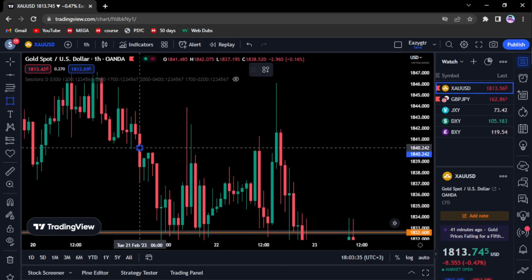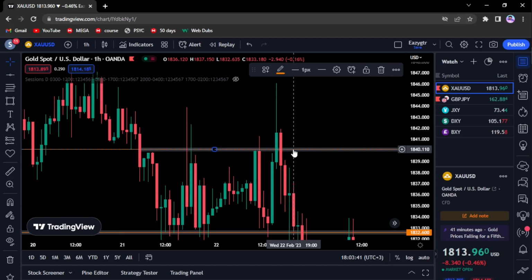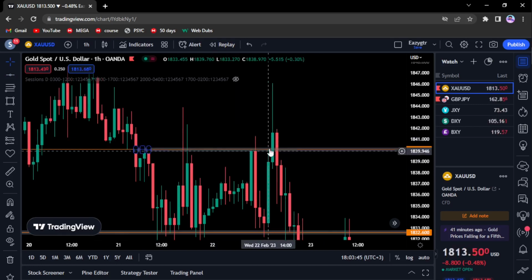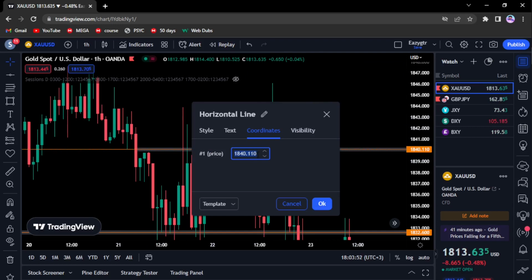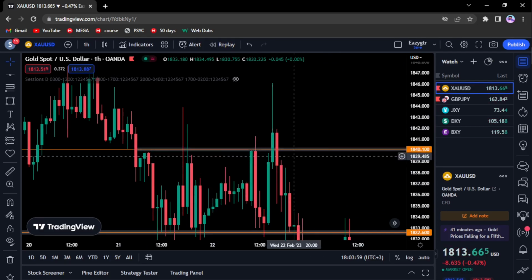As you can see, you can also plot this. This was your resistance, and as you can see, what happened here, price didn't turn this resistance into support. Okay, let's make this an even number. You can have 1840, 100, and price didn't make this a support.